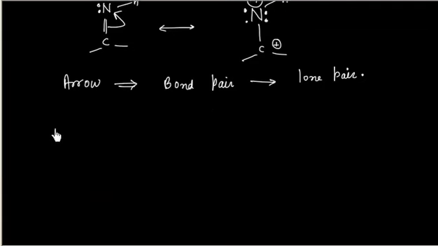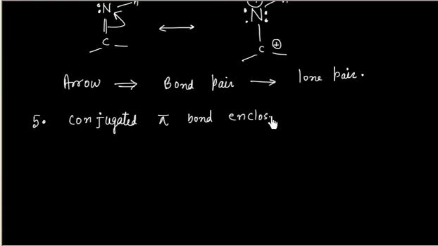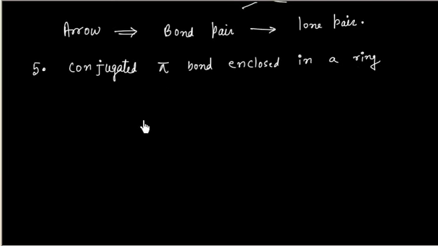Next pattern we have, that is the last one, conjugated pi bond enclosed in a ring. For example, let us say I have a 4-membered ring and this contains a conjugated bond.